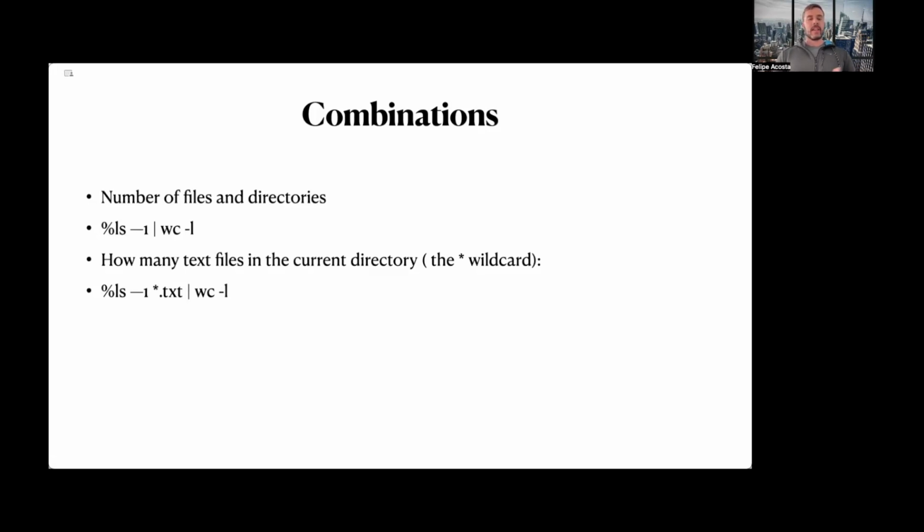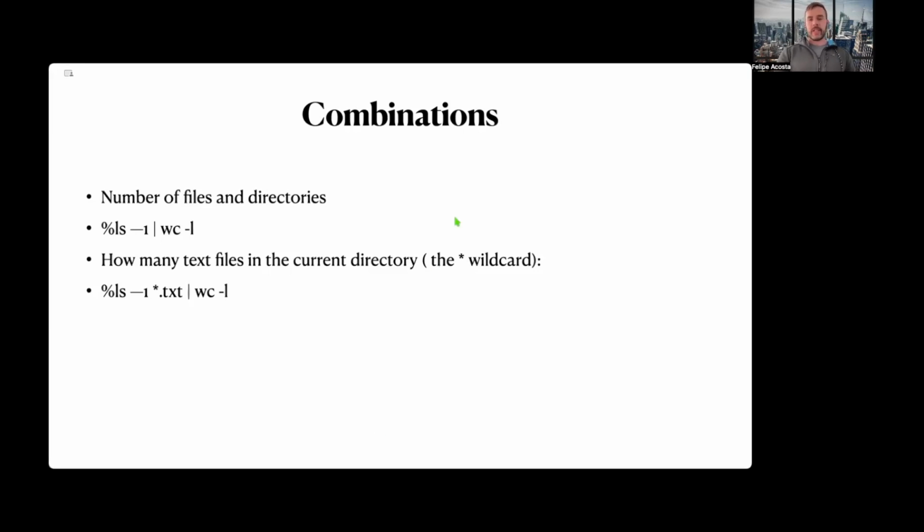So basically ls -1 *.txt, which means match anything in the current folder that has the extension .txt. Pipe that into wc -l, sorry, and then it's going to print the number of lines, right? So play around with this one.